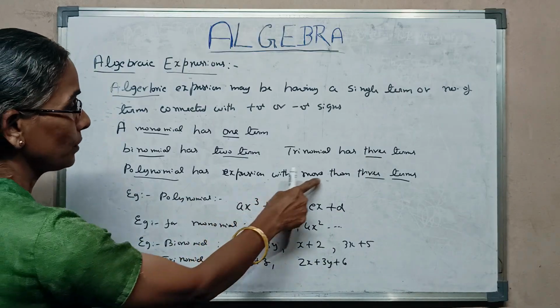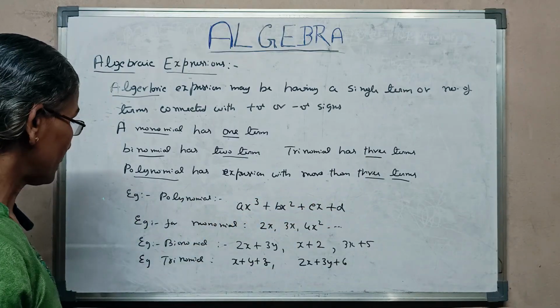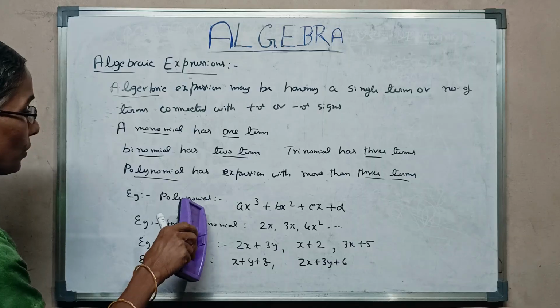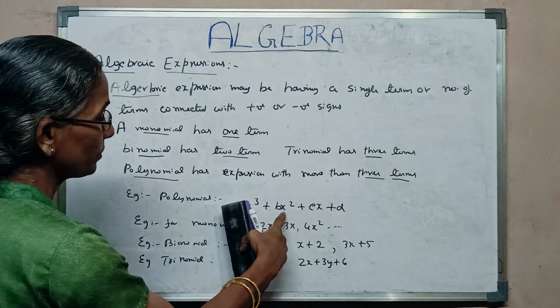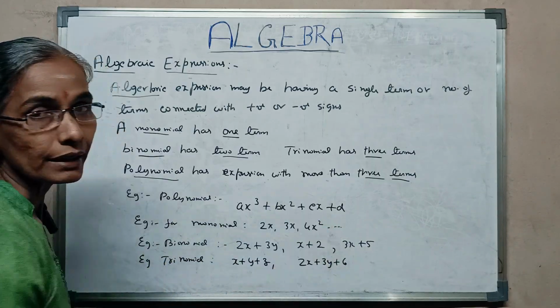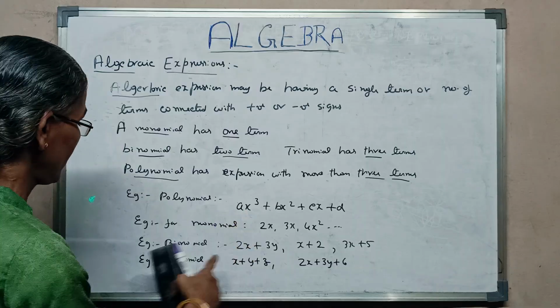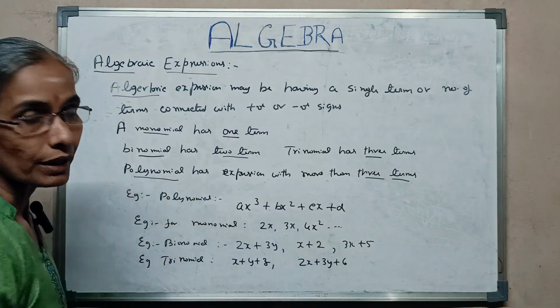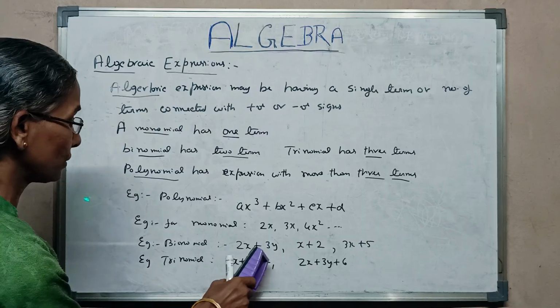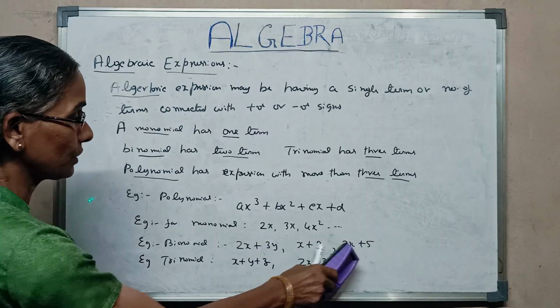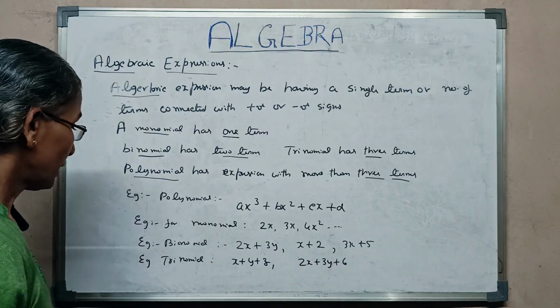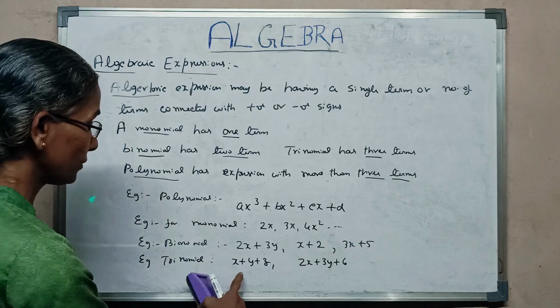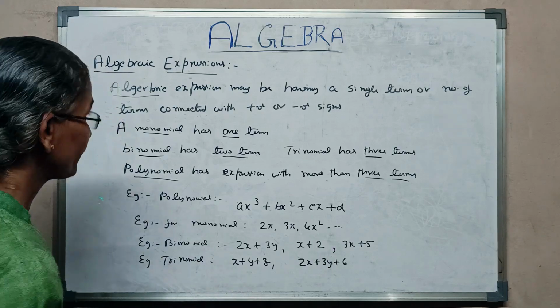Polynomial is an expression with more than three terms. The next example for polynomial is ax cube plus bx square plus cx plus d. Here four terms are there. And monomial means only one term: 2x, 3x, 4x square. Binomial means two terms: 2x plus 3y, x plus 2, 3x plus 5. Trinomial means expressions with three terms.